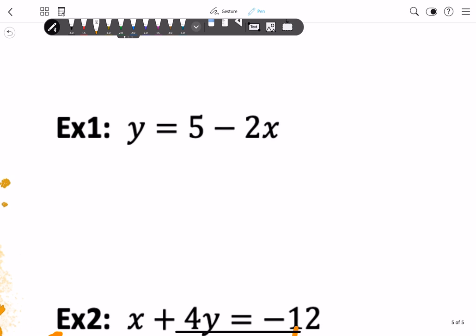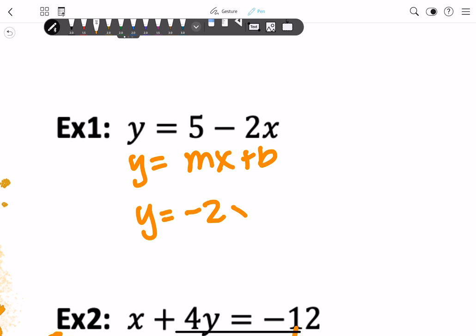But let's look at example 1 right here. This technically is in slope-intercept form, but it is so rude right now. It is not in y equals mx plus b. And guys, we are polite mathematicians in Miss Somji's class. So we are going to rewrite this original equation as it should be, with our slope first and then our y-intercept.